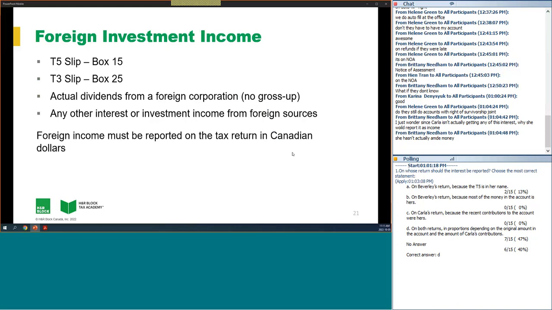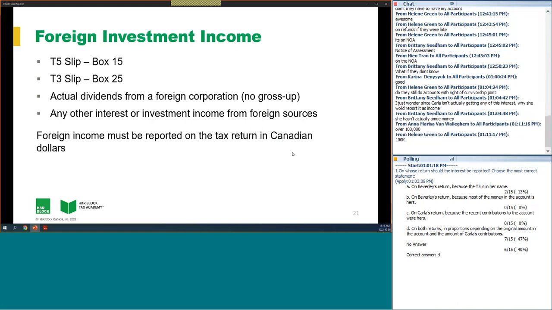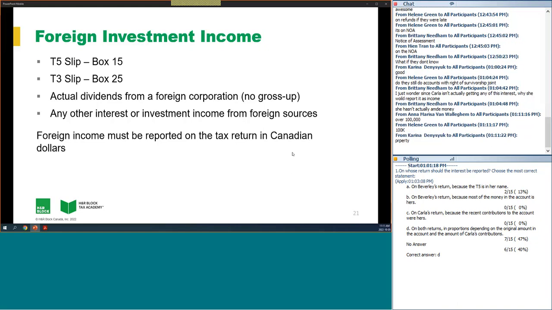What else do we have to think about when we're thinking about foreign investments? Going all the way back to Chapter 2, if you have foreign investments, you probably have foreign assets. Check to see if those assets are over $100,000. Make sure you're filing a T1135.